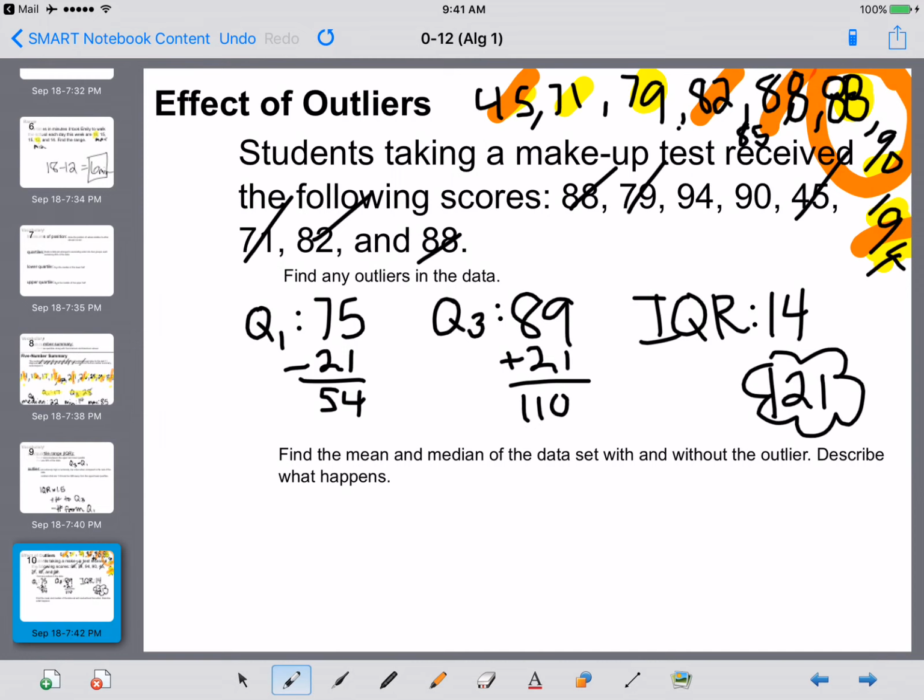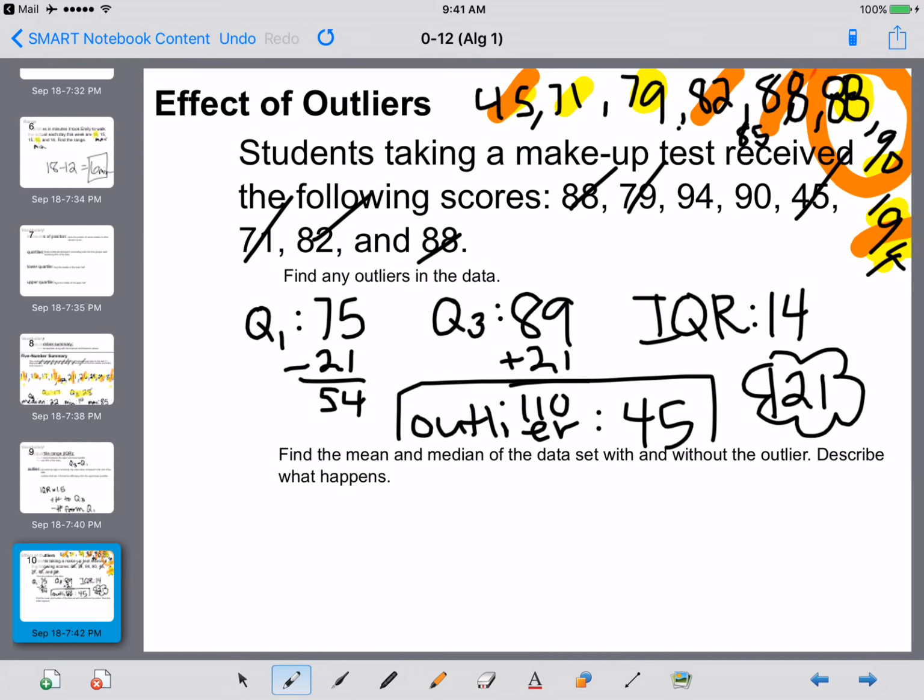Is there any number that is outside of 54 and 110? There sure is. That 45 is. So our outlier in this data is 45, because it's outside of that range that we had.